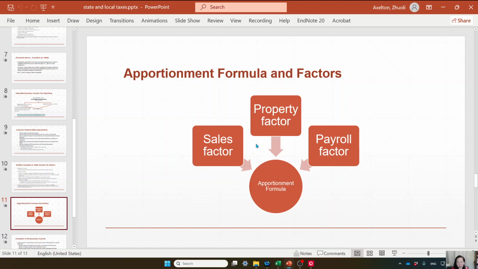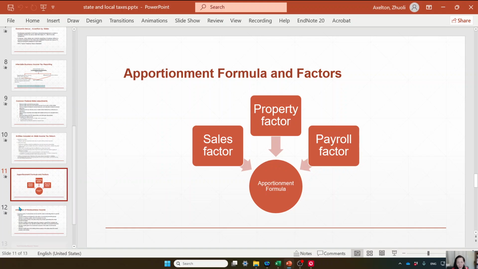The calculation we're going to do for this chapter focuses on how to do the apportionment, and based on the apportionment formula, what the apportionment factors are. Generally speaking, there are three factors going into the apportionment formula: the sales factor, the property factor, and the payroll factor.